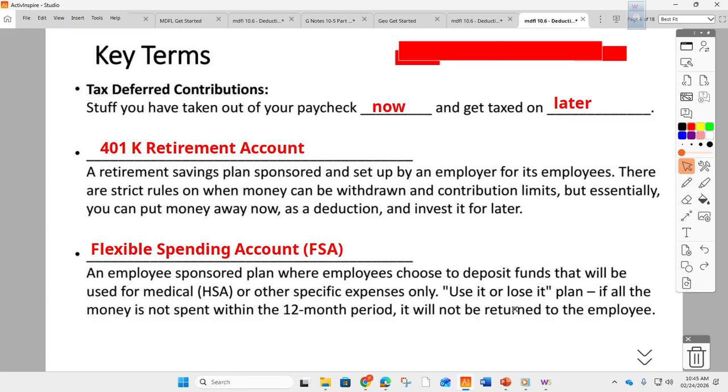Used to be, that account went to zero to start the next year, and you just lost that money. Right now, the County Schools FSA account is not like that. You don't lose it, so you definitely want to make sure you know the specific details. Once you get to be an adult, you might have one of those accounts.